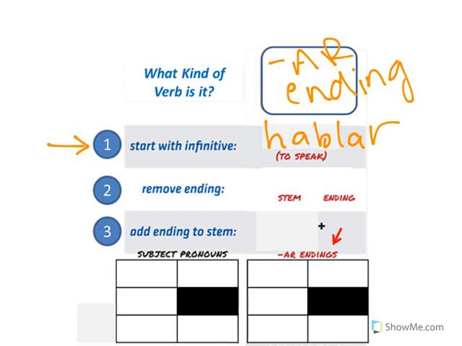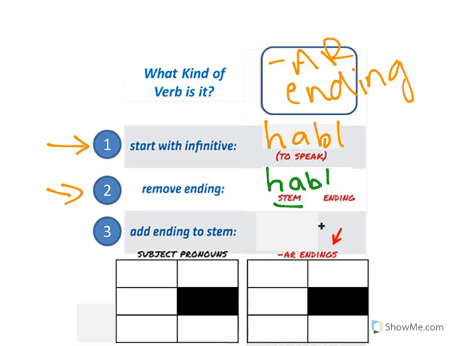So, step 2 is to remove the ending. And this is one of the most important steps. To remove the ending, it's very simple. We just simply remove the AR. So if we remove the AR, we are left with HABL, which is called the stem of the verb.